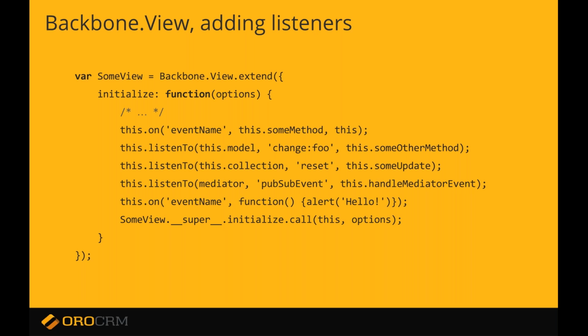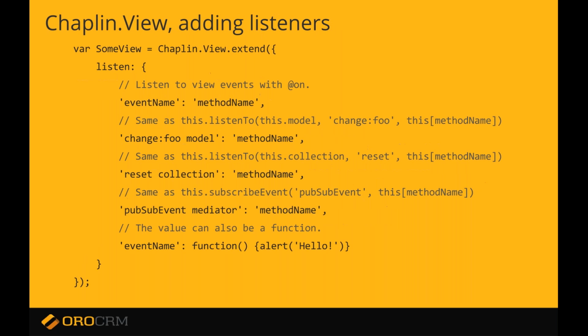So here you can see that we subscribe directly to the events of the view, to the model, to the collection, to the mediator, and so on. Chaplin introduced an approach that allows us to subscribe to events declaratively, so we don't need to put it inside the initialize method. We can define it the same way as we do with the events object.